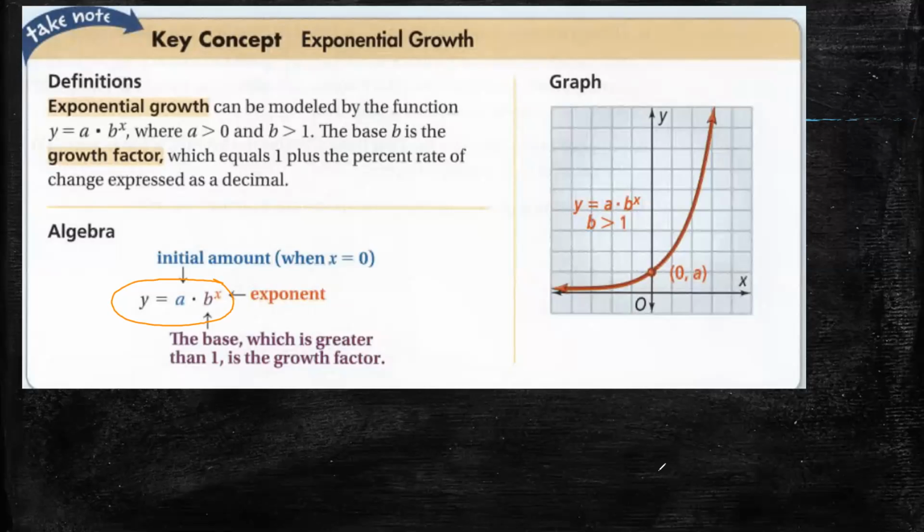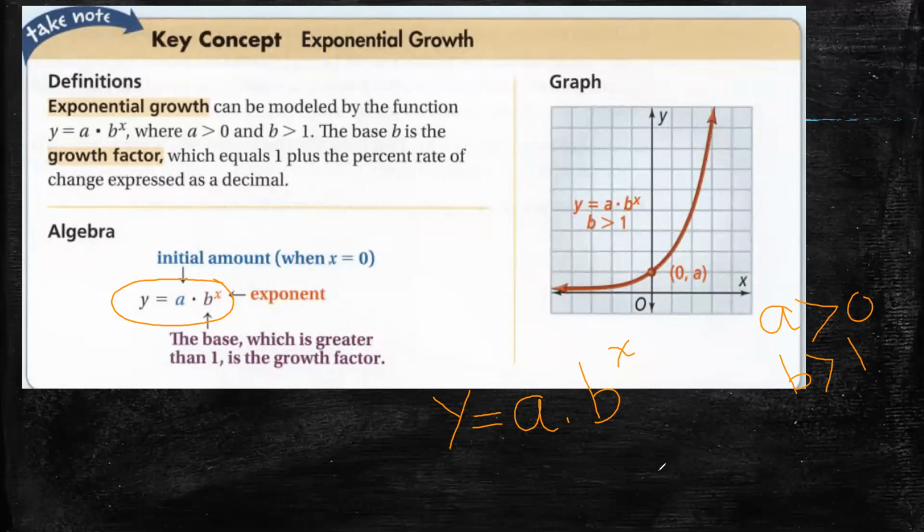What will the function be? The function is y equals a times b raised to the power x. A must be greater than 0, it must be positive, and b must also be greater than 1. So be careful here.